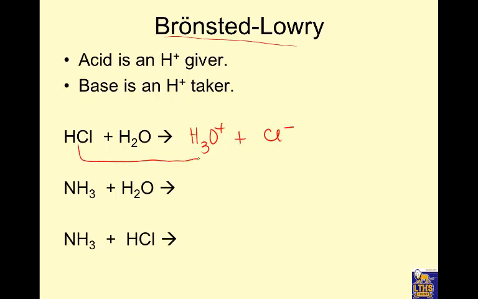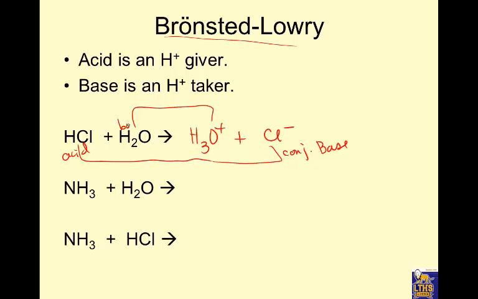So from here to here, the HCl gave away its H plus. This is called an acid, and what it turns into is called a conjugate base. If you look at what happens to H2O, it turns from water into H3O plus.